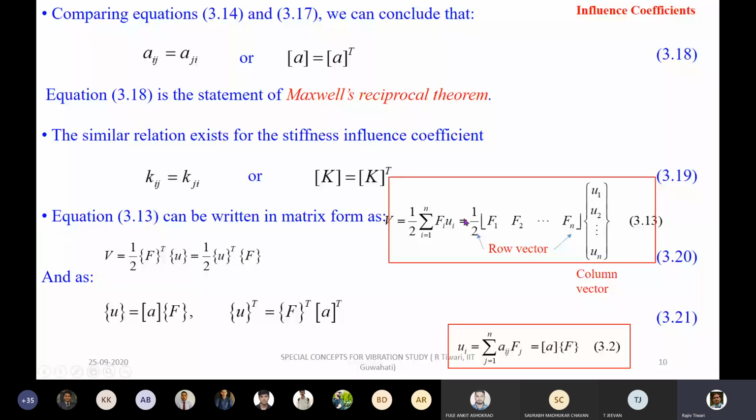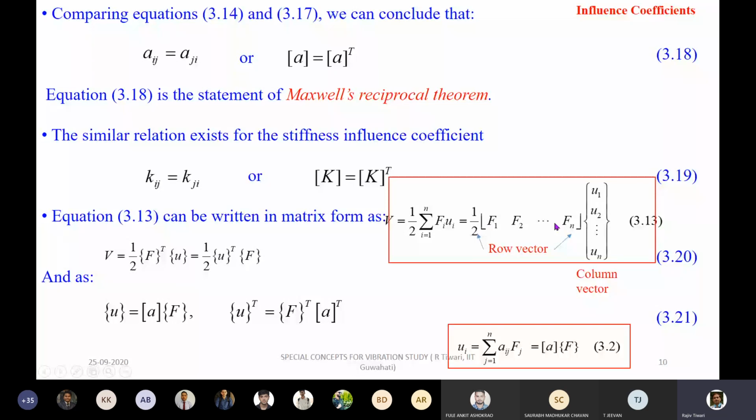So this particular expression, the potential energy, we can write like this. This is a column vector, but the transpose of that will be a row vector. So same as this: F row vector into U column vector. The same expression, we can swap.